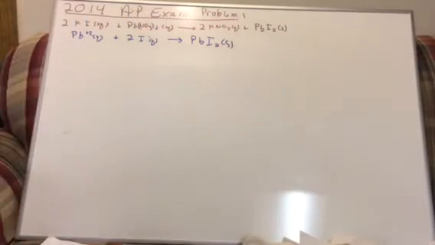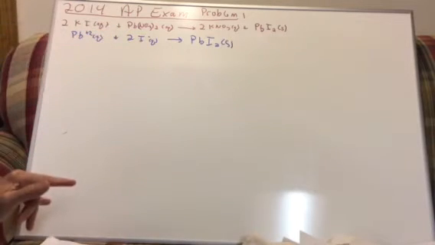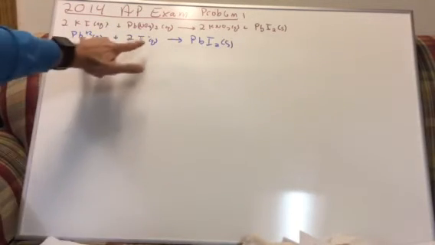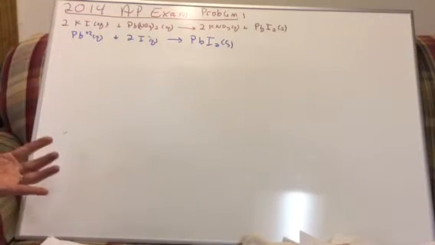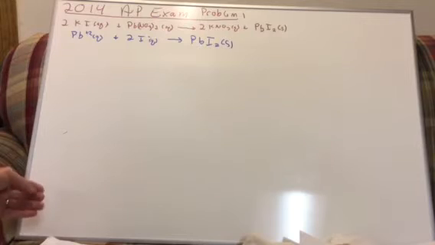I like to make sure it's balanced, from the charge standpoint and from the elemental standpoint. I like to show these are aqueous and that's a solid. Essentially, they did the same thing, although they didn't show aqueous and solid. Just something I like to do.